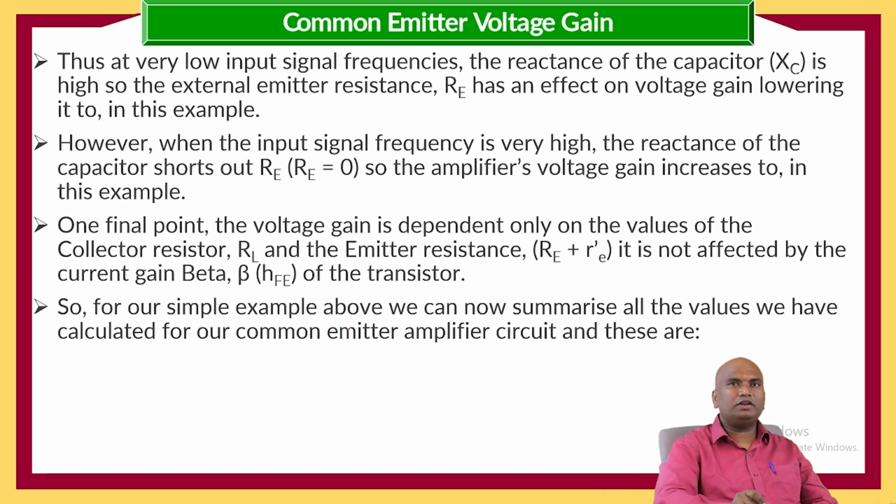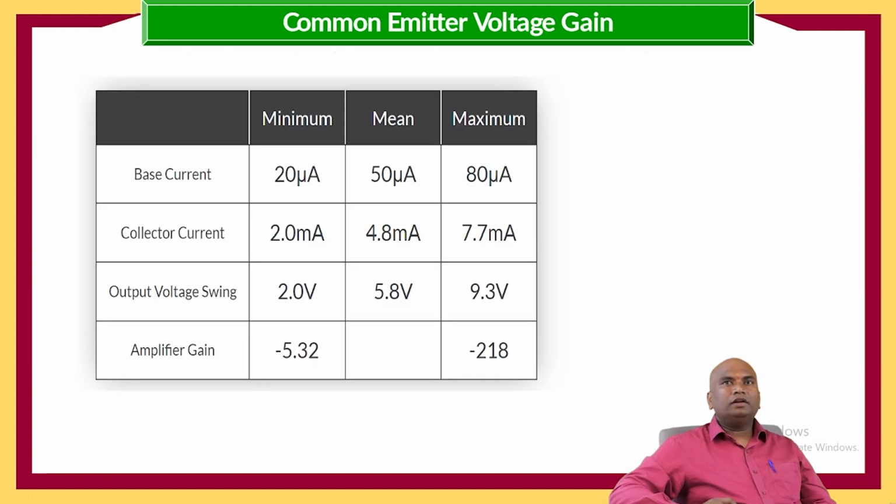So for our example above, we can now summarize all the values we have calculated from the common emitter amplifier circuit. The base current: minimum is 20 microamperes, mean is 50 microamperes, maximum is 80 microamperes.